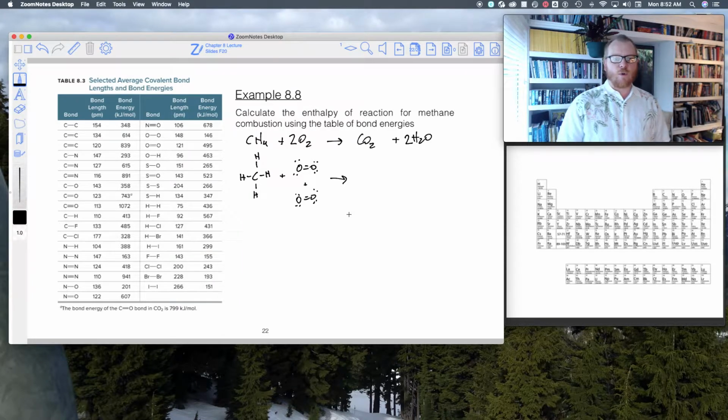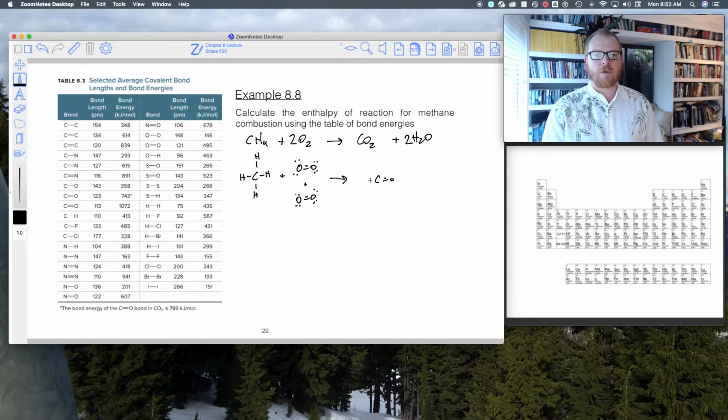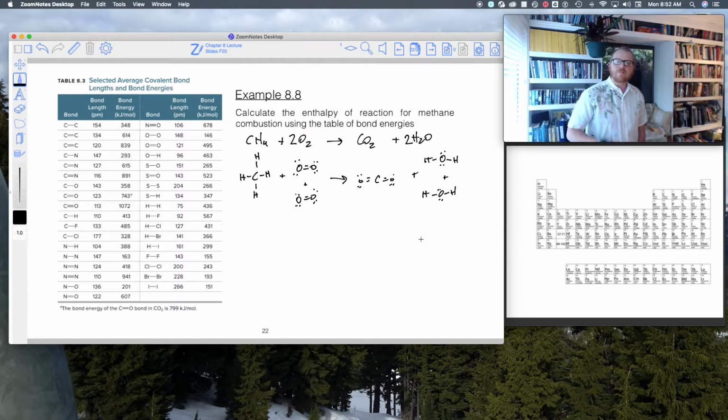And let's see here, we're only forming 1 mole of CO2, and we remember CO2 looks like this. And we're forming 2 moles of H2O, and oxygen is the central atom there with 2 lone pairs on oxygen, and we made 2 of them. Okay, great. So now we can count up all the number of bonds, and we can get the calculation going.